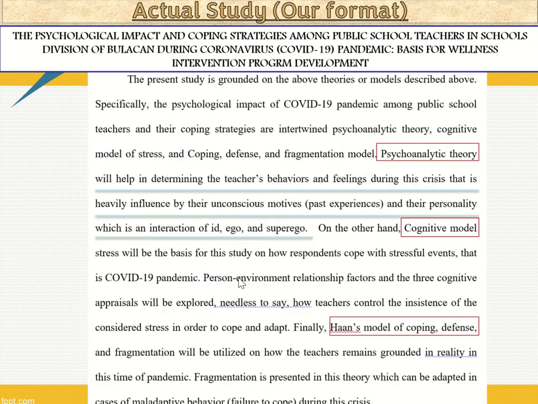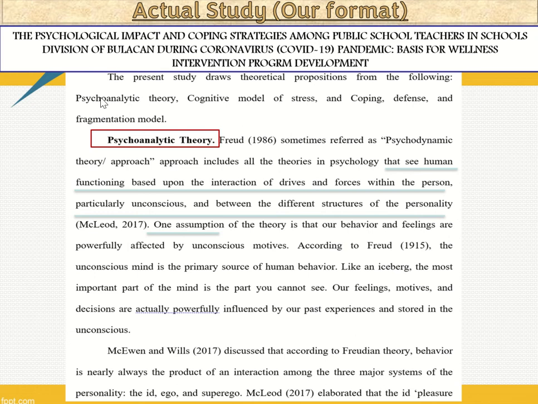So, what was done here, he made a synthesis, no? Since three theories were used. One, psychoanalytic, cognitive model, then coping, defense, and fragmentation model. That's three. So, it can be like this, bold, indented, then bold, and then what you showed is the first theory. And then, the second theory, you do the same. So, bold, and then the name of the author, statement of the propositions of the theory, then the assumptions.